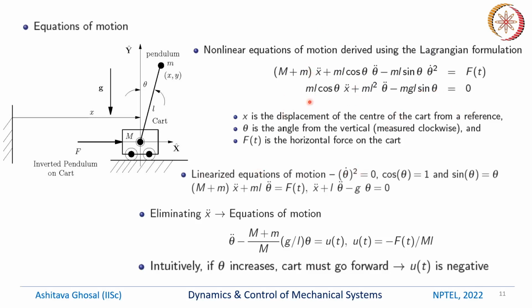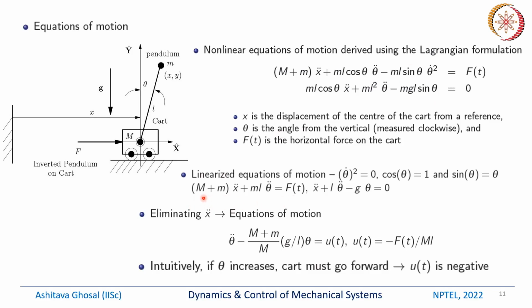In this simple example, we can obtain the linearized equations of motion by simply substituting theta dot square is 0, cos theta is 1, and sin theta is theta. So if you make these substitutions in these nonlinear ordinary differential equations, we will get these two linearized equations of motion.